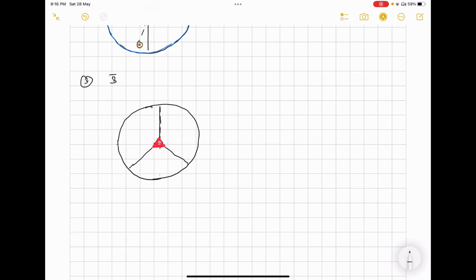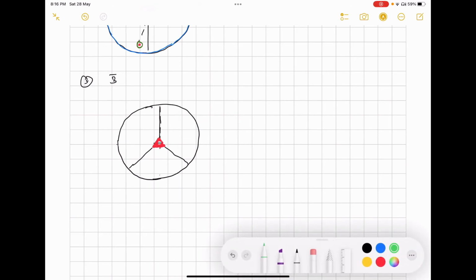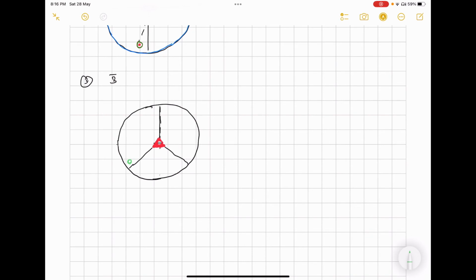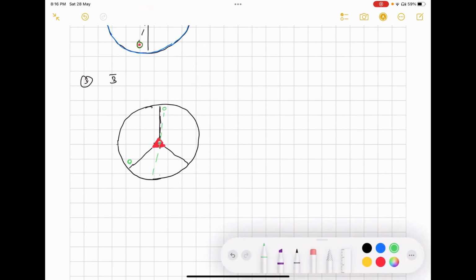Now, suppose I have a point here. After rotation by 120 degrees, it reaches here and then it is inverted about the origin. So it would leave me a point here.